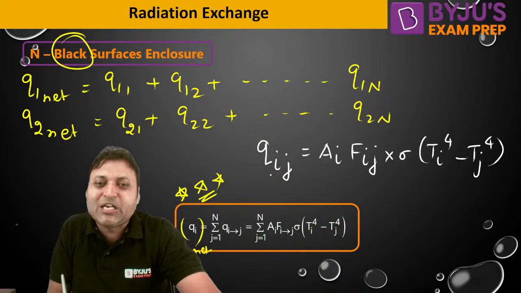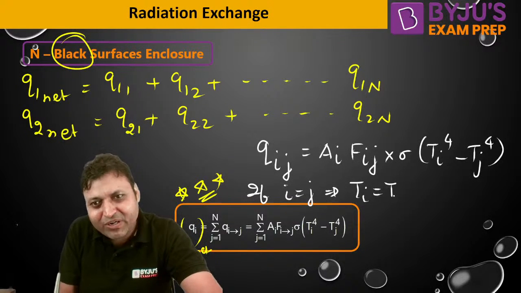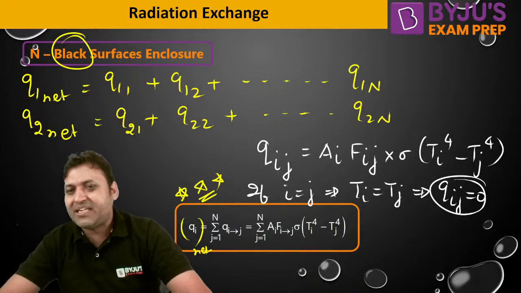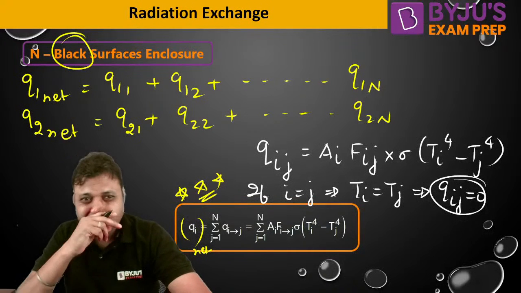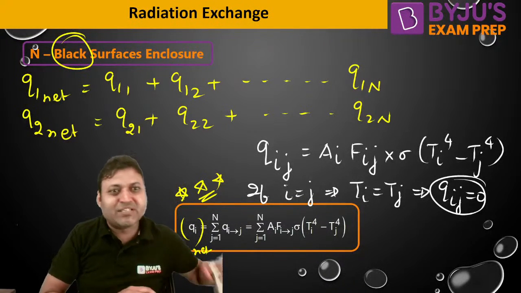If i is equal to j, then Ti will be equal to Tj, and then Qij will become 0. Isn't it? Yes, Q121 will be 0 because of the same temperature.